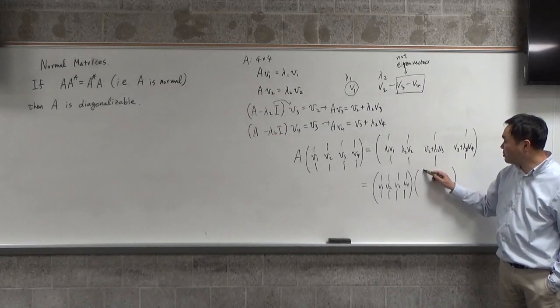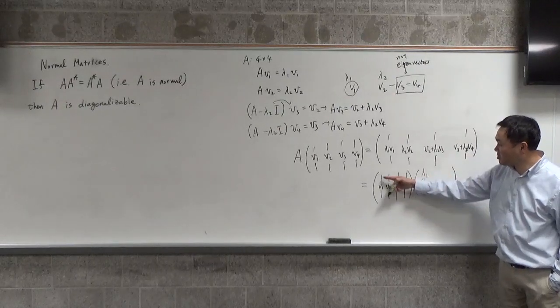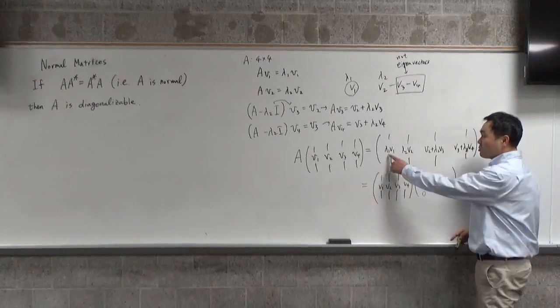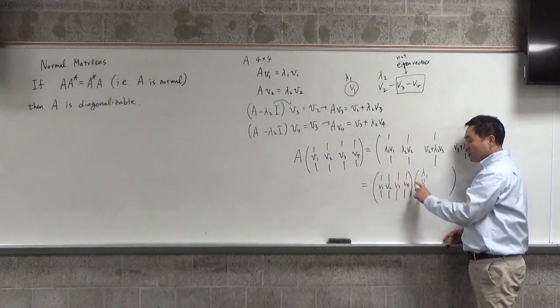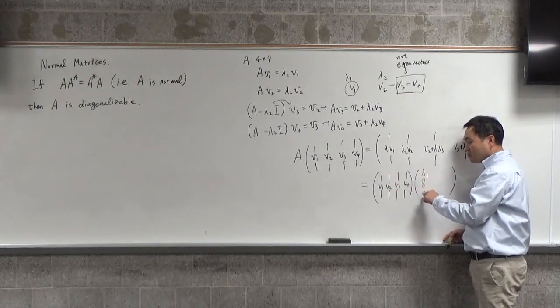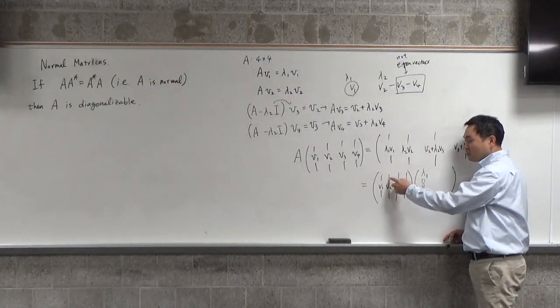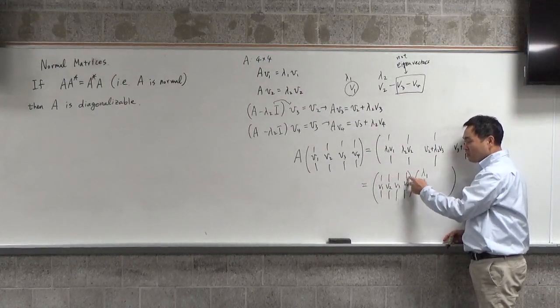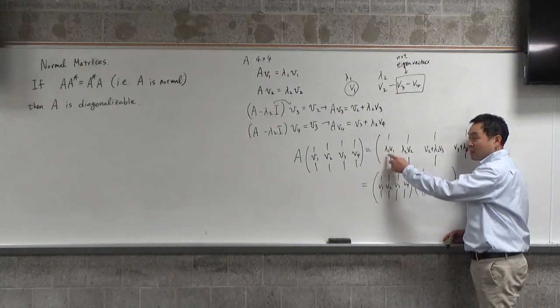Well, lambda 1, 0, 0, 0. This times this will make the first part multiplied by lambda 1. If you have lambda 1, 0, 0, 0 multiplied to this, you're multiplying 0 to these, but lambda 1 will be multiplied to every entry in v1, so you get lambda 1 v1.